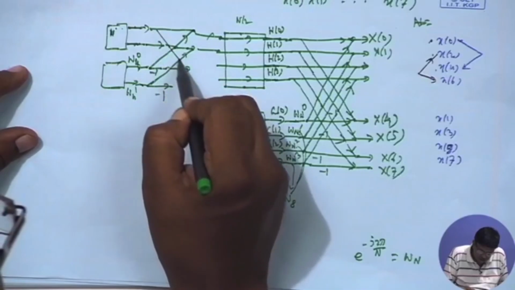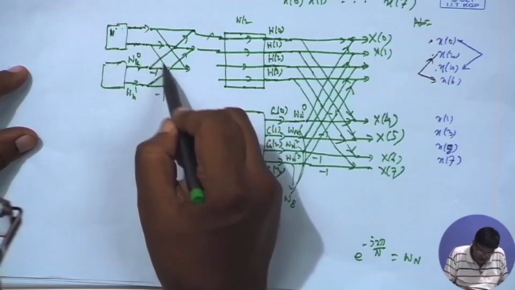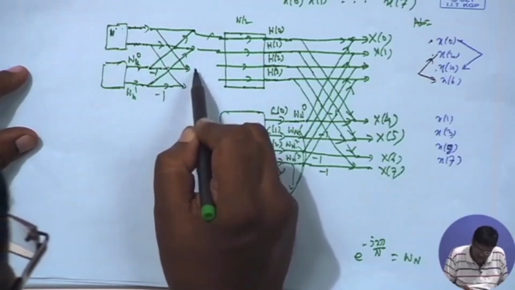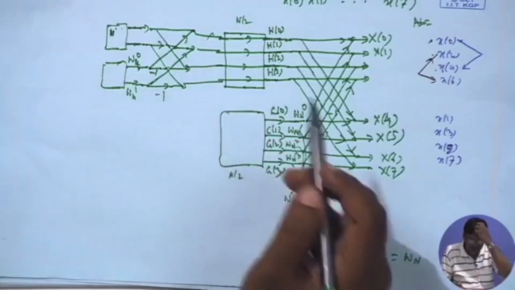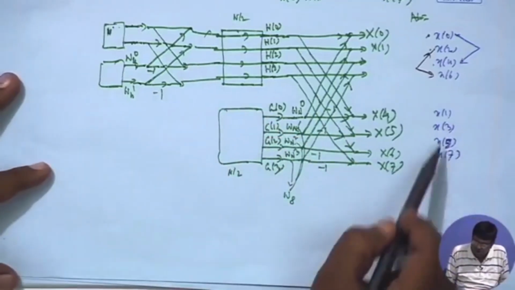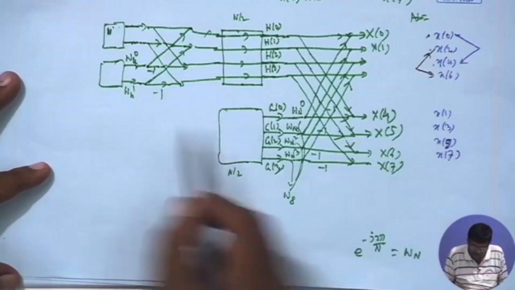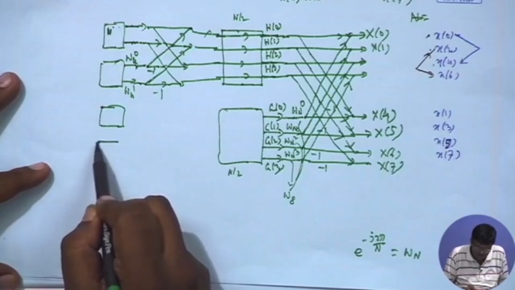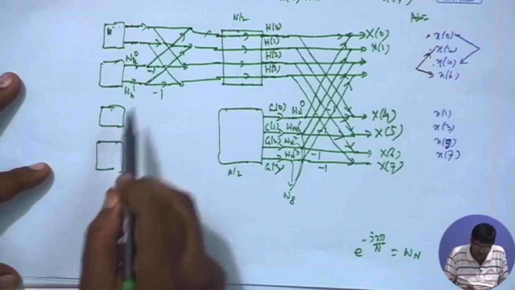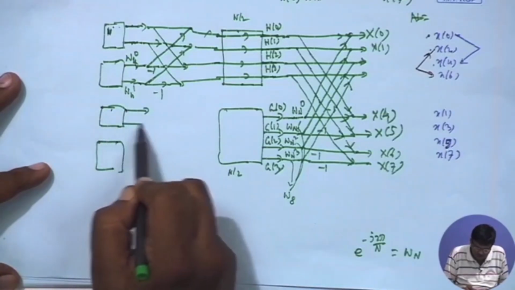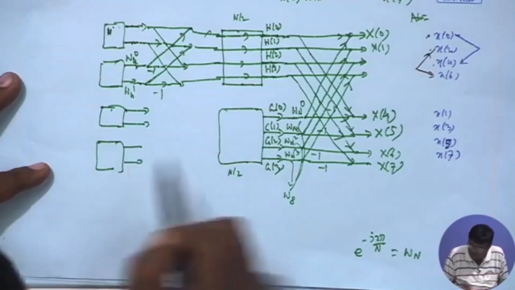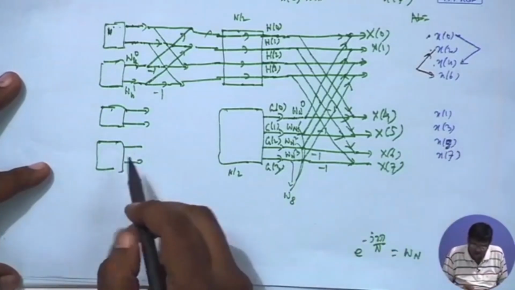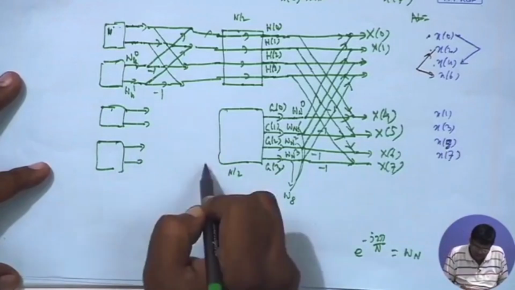So, and then this will be here, this will be here, it is just a replica, I mean same thing, and this will go like this. Okay. Same way x 1 and x 5 they will come under this box, x 1 x 5 and x 3 x 7 here, N is 4 again.